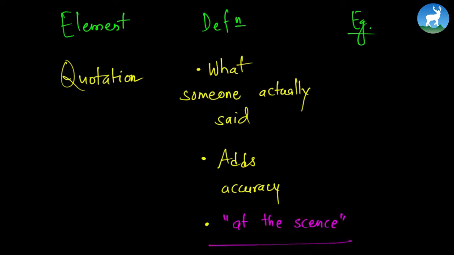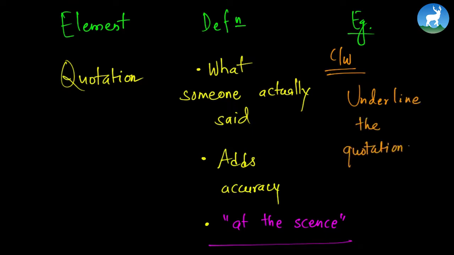As a classwork, I'm giving a lot of classwork today, I want you to underline the quotations that you find in your news report in your book. Pause the video, go and underline the quotations.